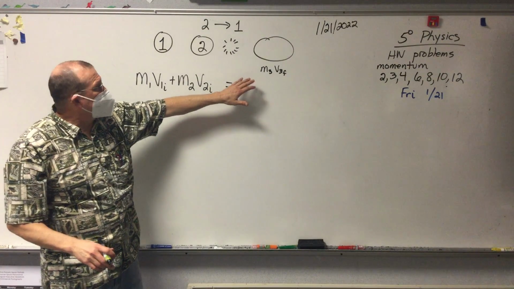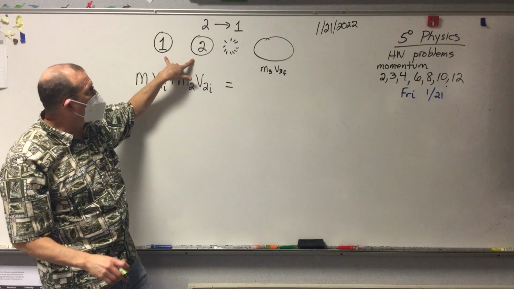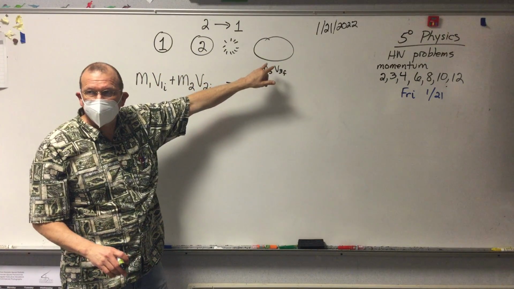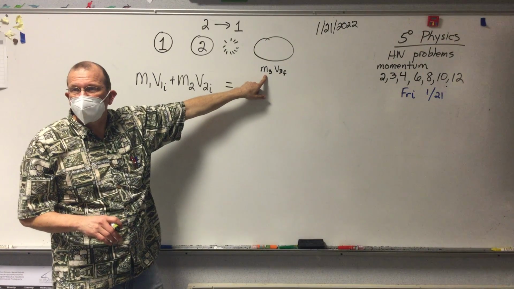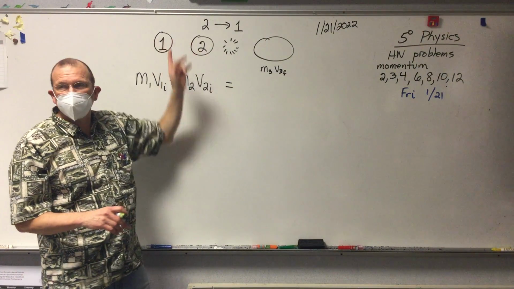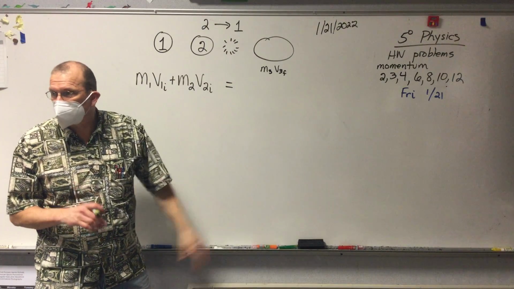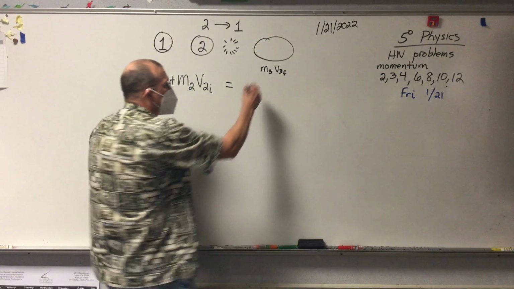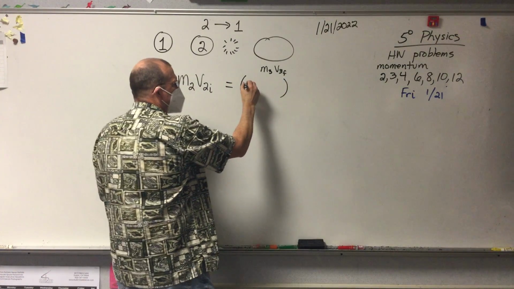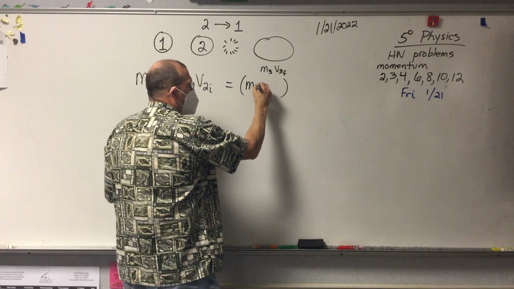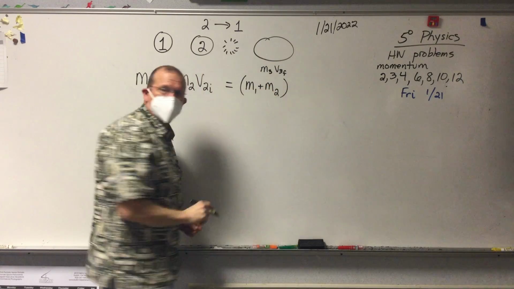If these two collide and stick together, then M3 is just the sum of M1 and M2. So instead of calling this M3, we introduce parentheses and call it M1 plus M2.